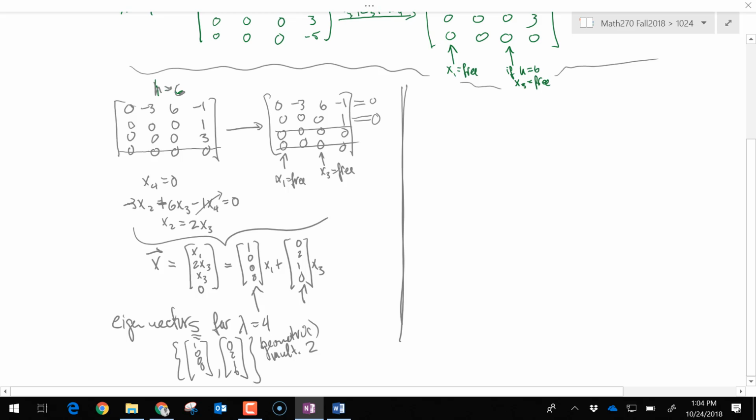If h does not equal 6, so let's pick any other number aside from 6, like 0. 0 is nice. Then you're not going to get two eigenvectors for this, and we'll see that happen.